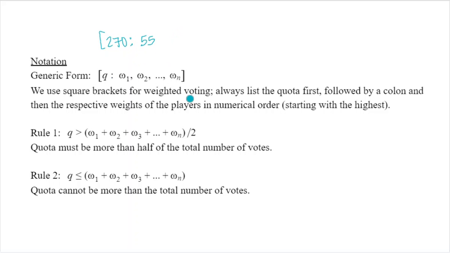And then we would go with the next largest state, which I believe is Texas, at 38. And you continue all the way down to the numerous states with only 3 electoral votes. So that would be an example of how we write out our weighted voting system.